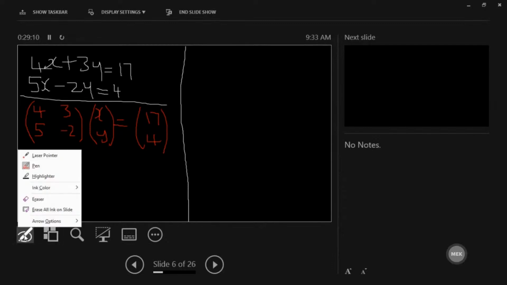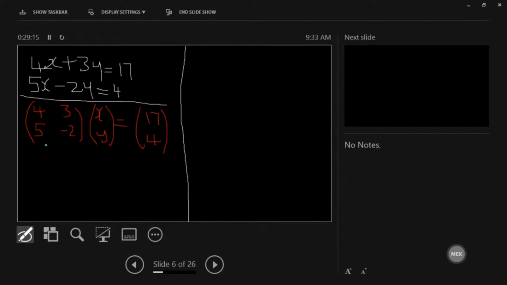Now we're going to find the inverse, which is 1 over the determinant. So 1 over 4 times negative 2 minus 3 times 5. So that's 1 over negative 8 minus 15.